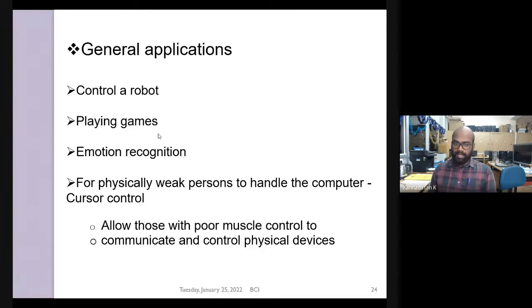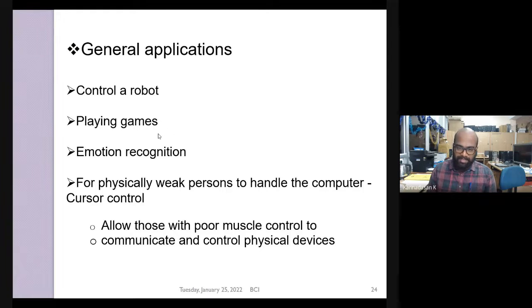Then comes emotion recognition. This is a very interesting application. What if your computer understands your emotions? It would be a great thing, right? When you're so tense, you click and it won't load. I think your computer already has an emotion recognition system. That's a sarcastic comment. It doesn't.